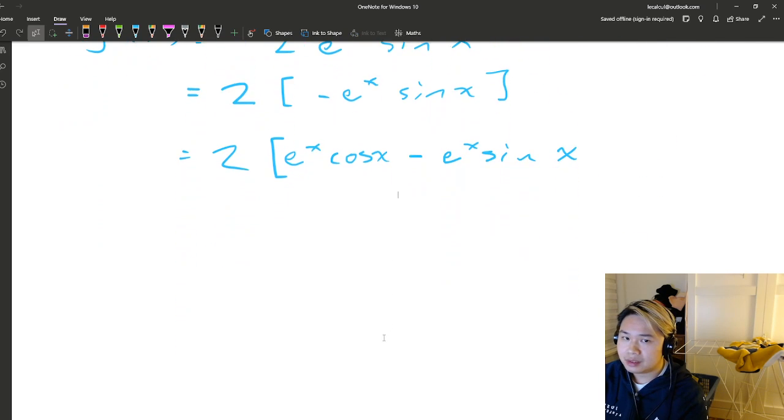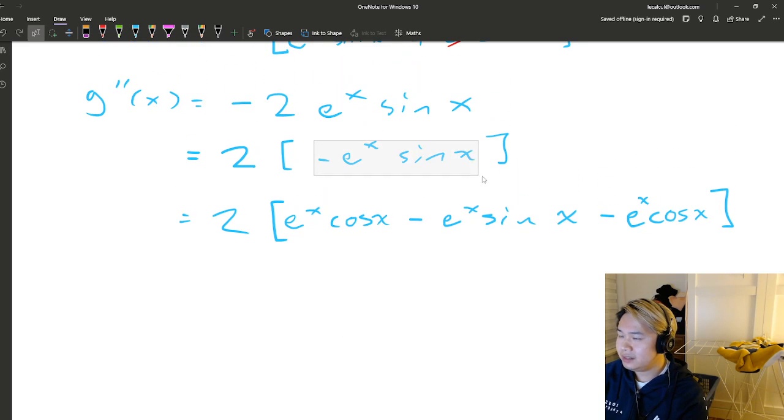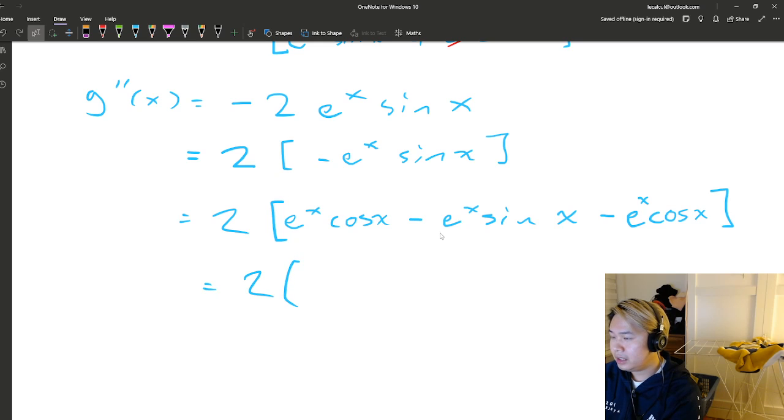I don't know, maybe there's a more elegant, better way to do this, but yeah. So obviously negative e to the sine x is the same as this. And then I know that this is g prime of x, and then this is minus g of x.